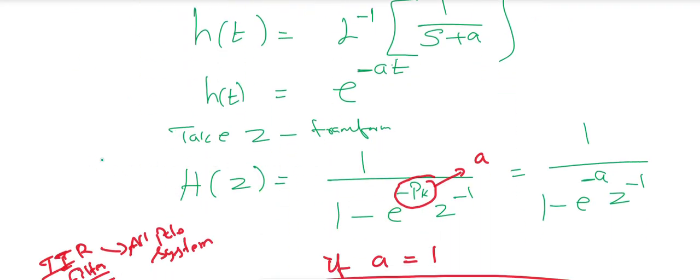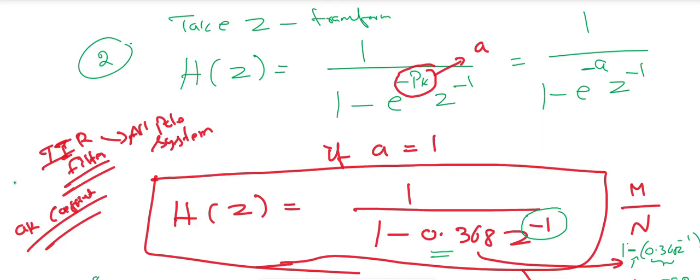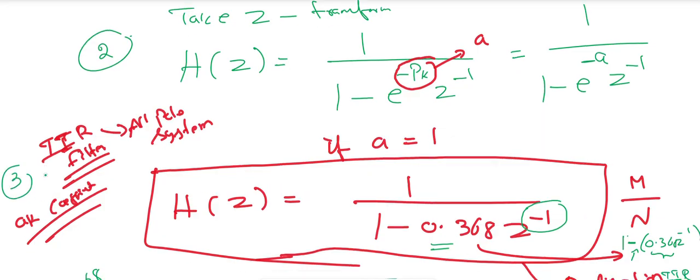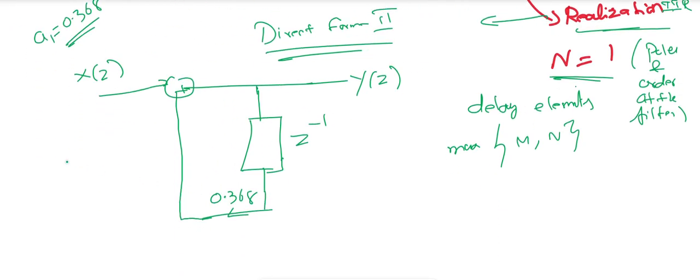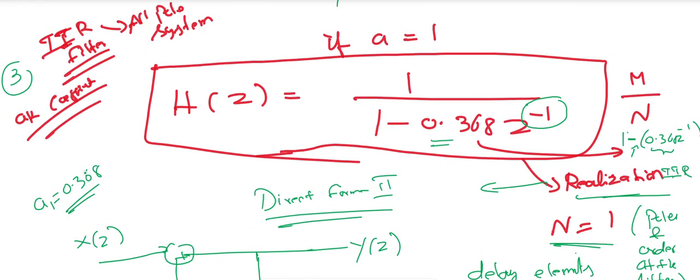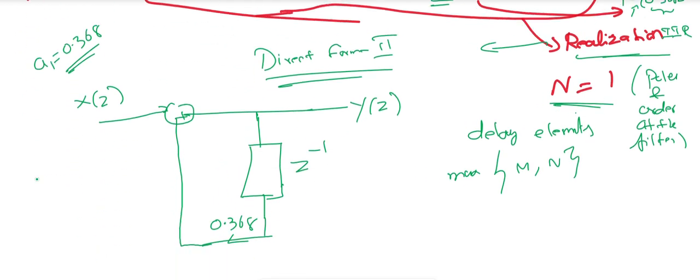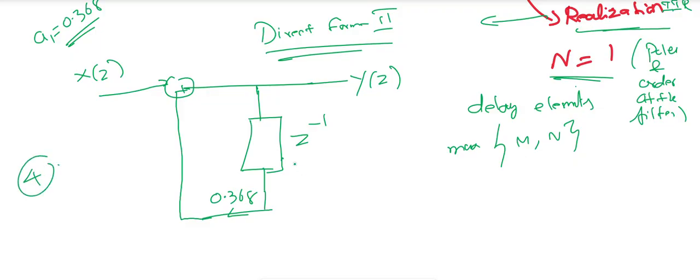Second step: take the Z transformation. Third step: find out the number of poles and find the coefficients, then realize the system. This is the hardware implementation.